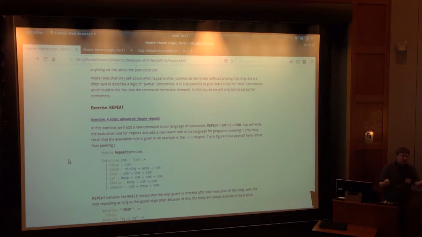Y is less than or equal to every element in y cons BL. That seems true enough. Y is less than or equal to y. Y is less than or equal to everything in BL. So that's going to be easy to prove.